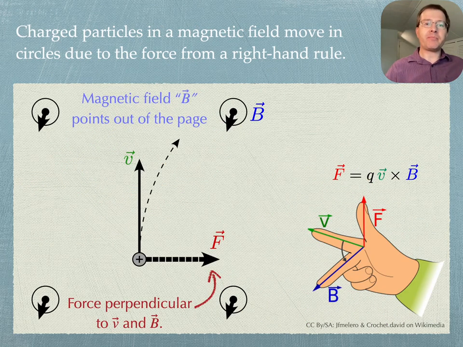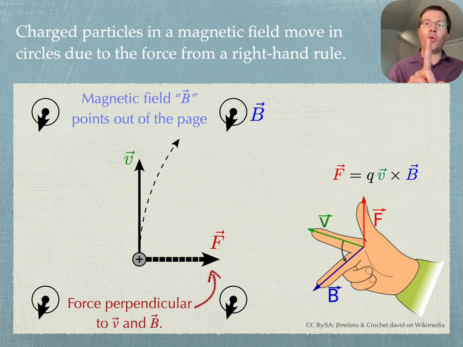One more bit. Charged particles in a magnetic field also feel forces due to those magnetic fields. So this is a scenario where I've got a magnetic field pointing out of the page, and we have a velocity vector pointing upward and up the page.